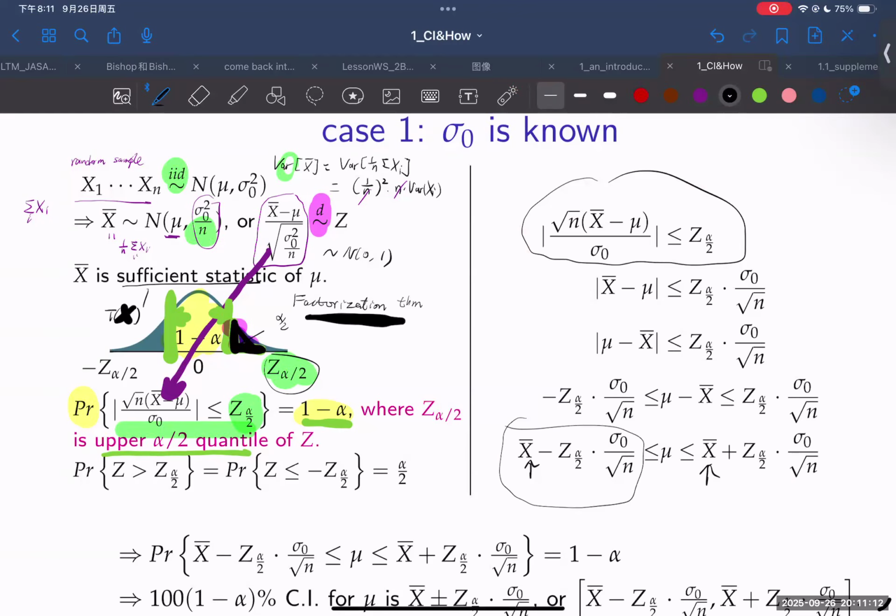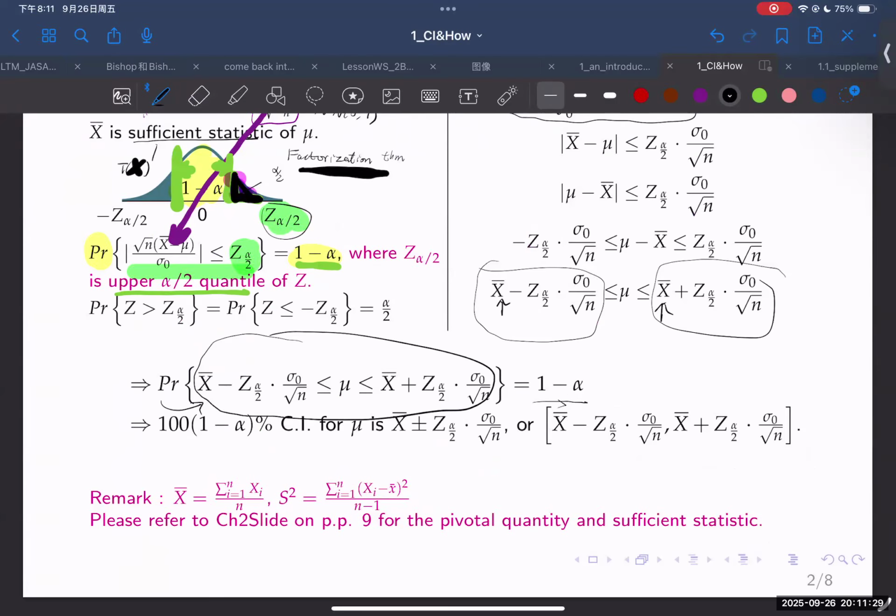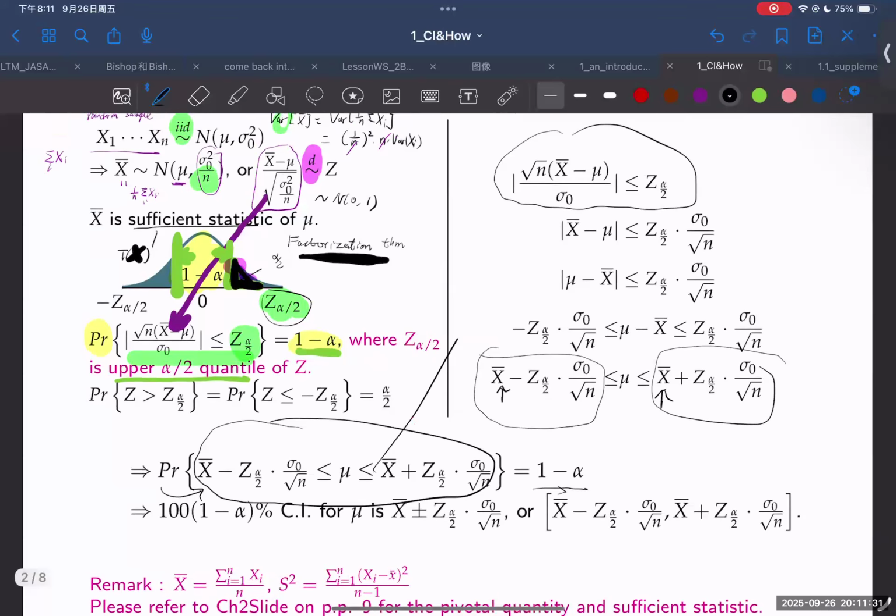Here is one end and here is another end. So this tells that the probability of such an event would be 1 minus alpha. And these two, remember, they are the same. I hope this can catch your attention. You should know how to do that.